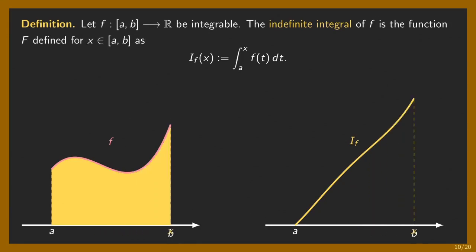So your indefinite integral is another function. Okay? Again, the definite integral is a number, the indefinite integral is a function. A function that tells you the accumulated area from the left endpoint up to some point before the right endpoint.